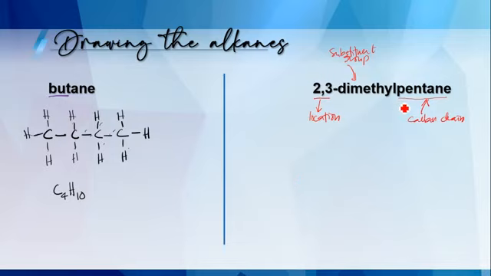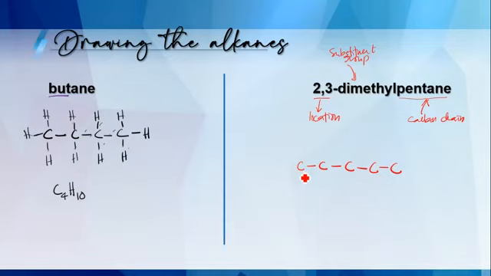Pentane, how many carbons? 5, correct? 1, 2, 3, 4, and 5. When you want to draw the structural formula for an alkane, you can decide which carbon is carbon number 1.